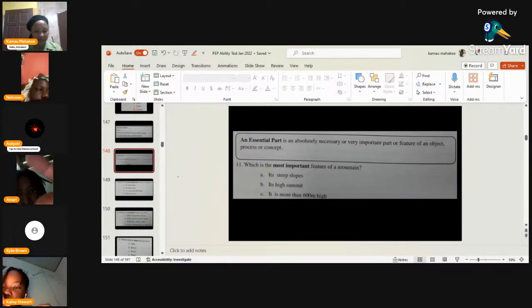Yes, that is correct. By definition, it should be more than 600 meters high. Not just that it has a high summit, but it specifically should be more than 600 meters, because you can look at a hill or even a knoll and say it has a high summit, it's relative, but this is measurable.